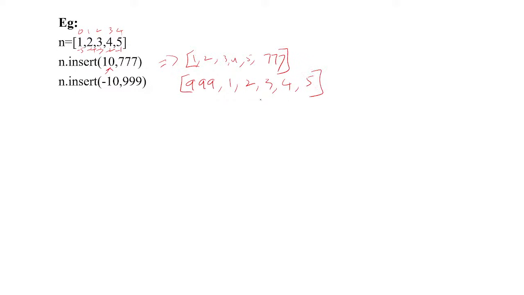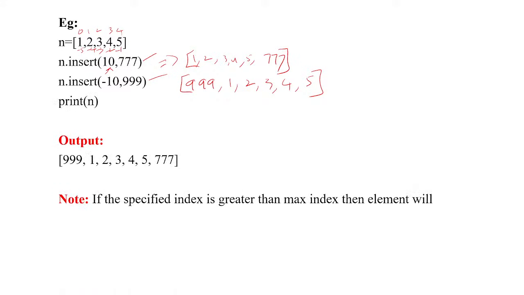Assume that these are independent instructions. If you consider both one after the other, then 777 will be there.